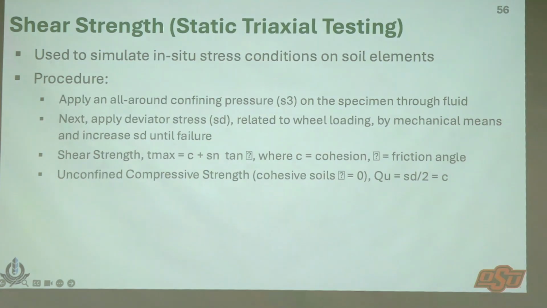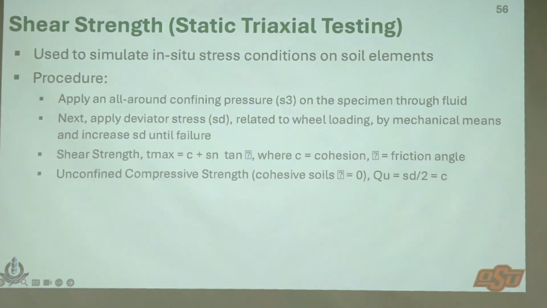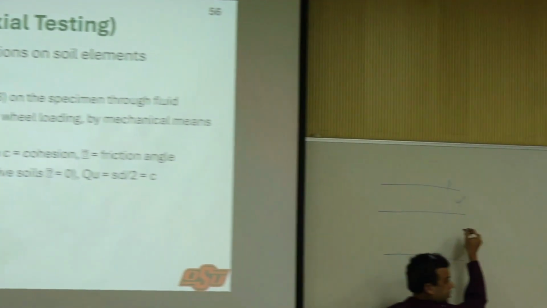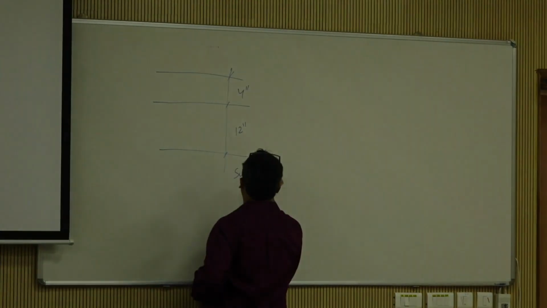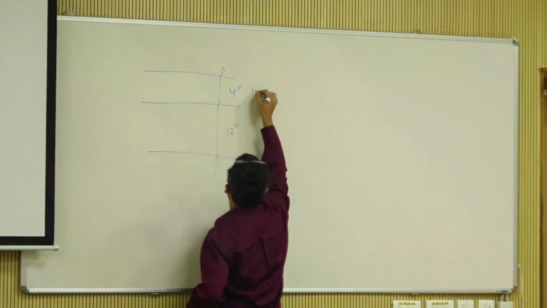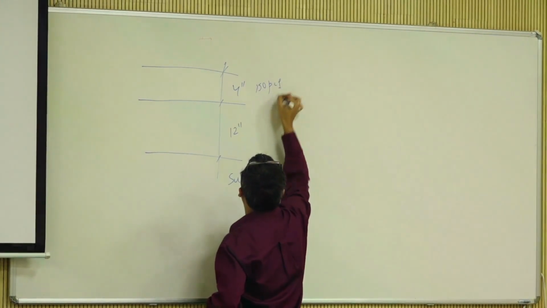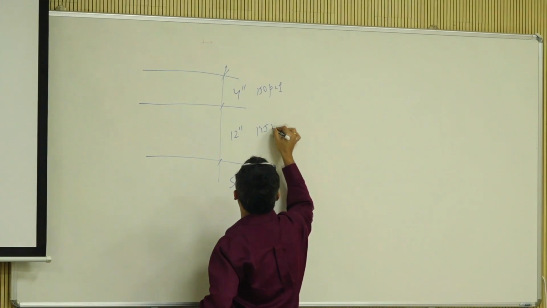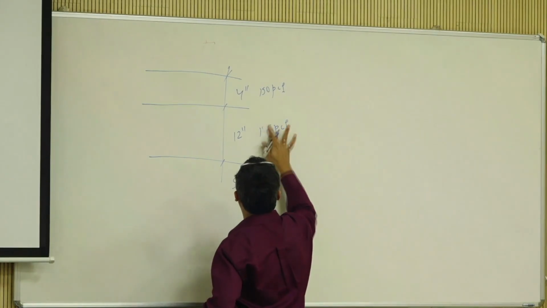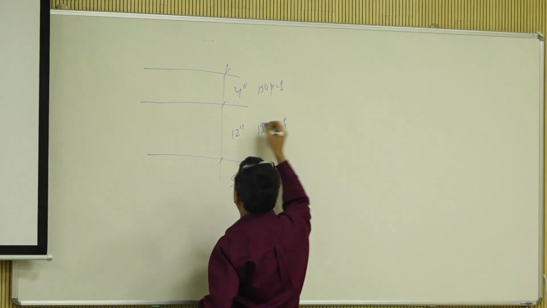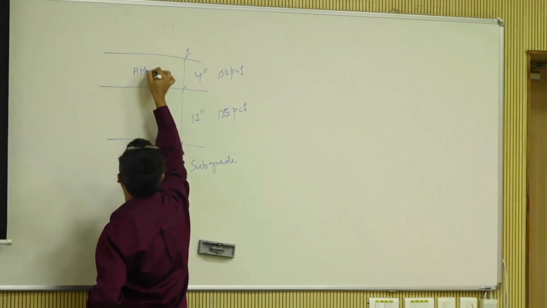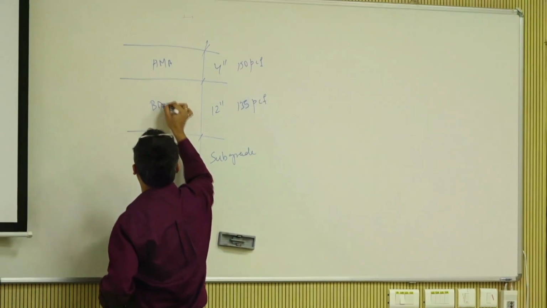Okay, so 4-inch HMA, 12-inch base, and subgrade. We said 150 PCF and 135 PCF for HMA and base.